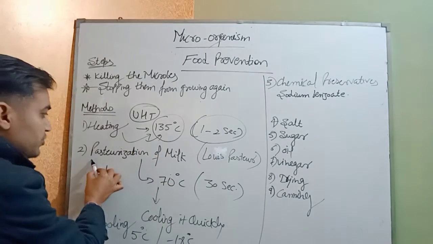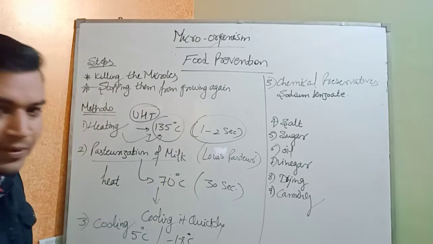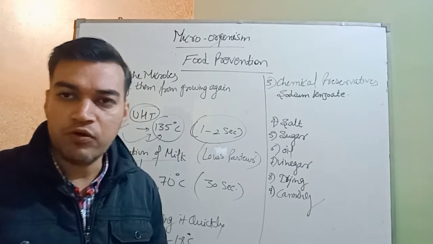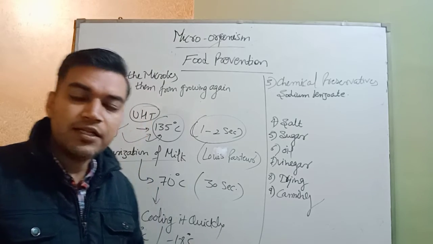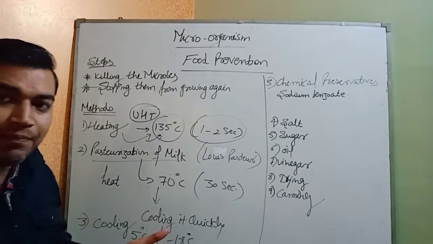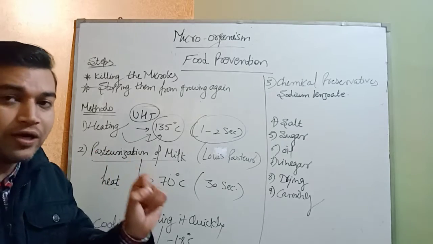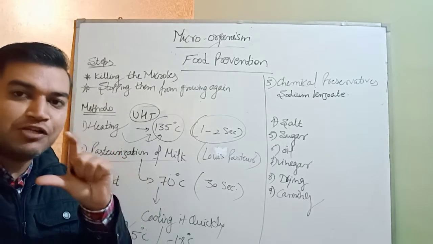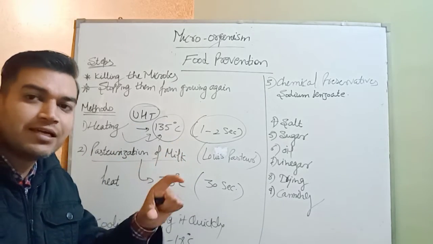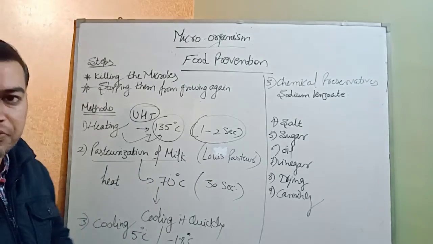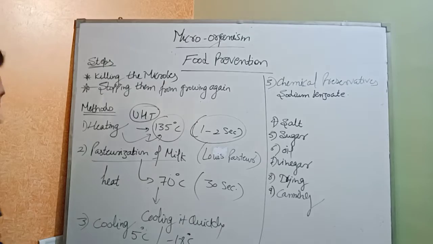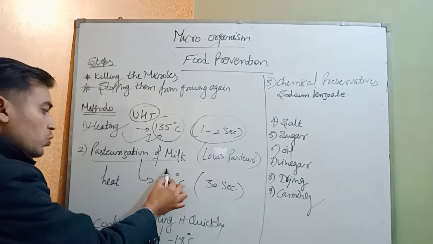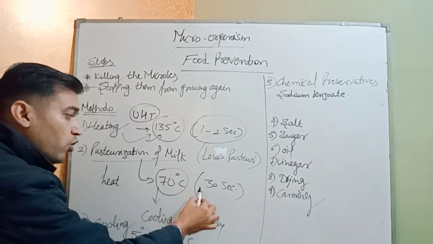Number two, pasteurization of milk. Most of the milk that is present in our surroundings in the milk dairies like Amul milk and Mother Dairy milk, they all are packed in a tetra pack, and a special word is mentioned on the packing, pasteurized milk. This method was developed by Louis Pasteur. What we do in this pasteurization, we heat the milk up to 70 degrees Celsius for half a minute.